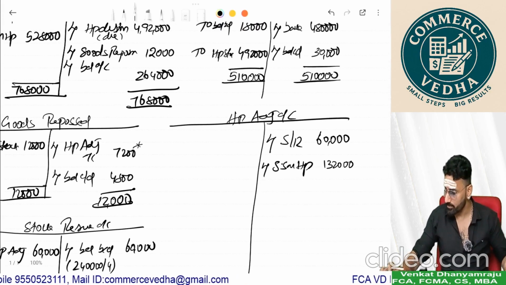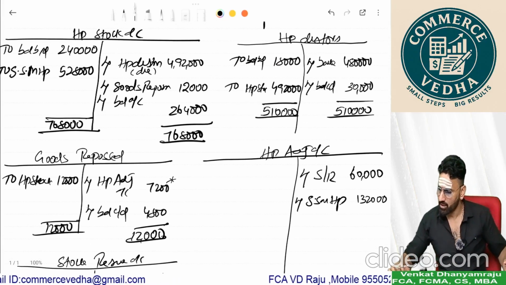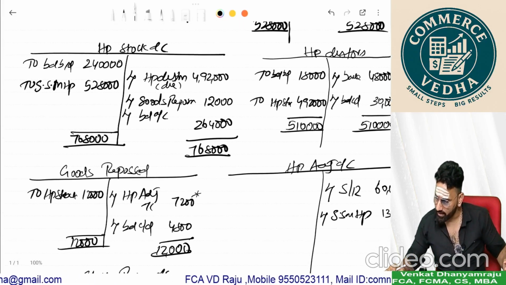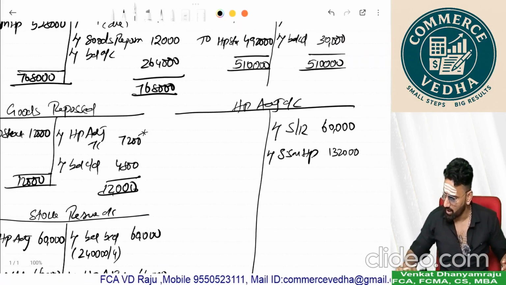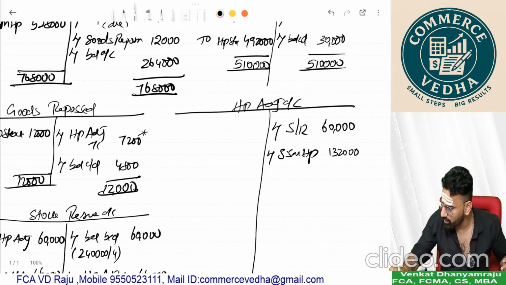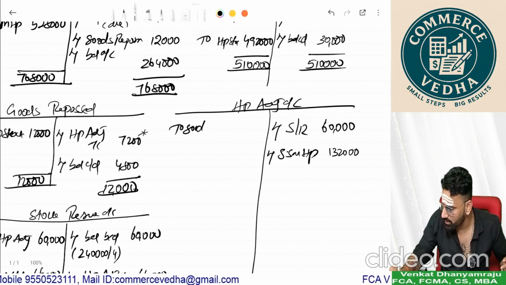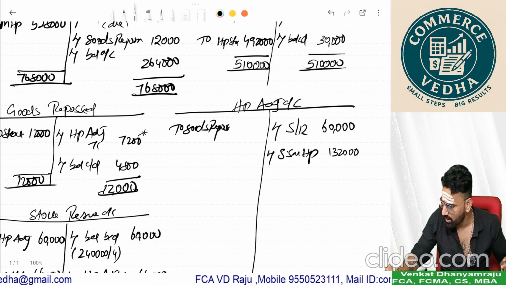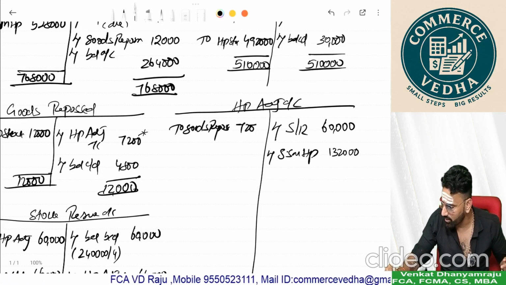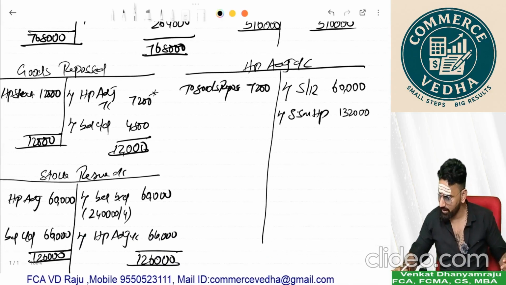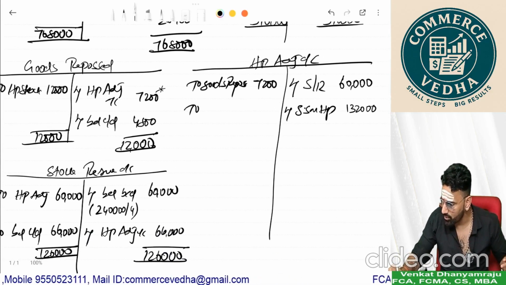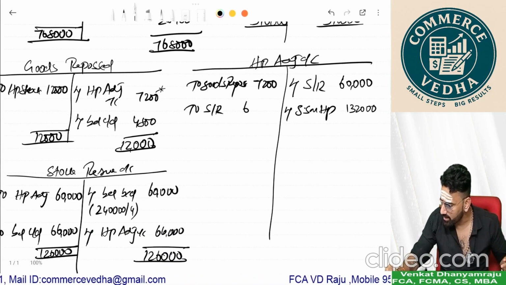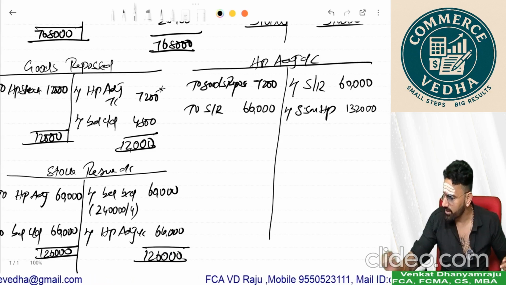1,32,000. And if you go back and see goods repossessed, by hire purchase adjustment, so here to goods repossessed, the loss is 7,200 and to stock reserve 66,000.